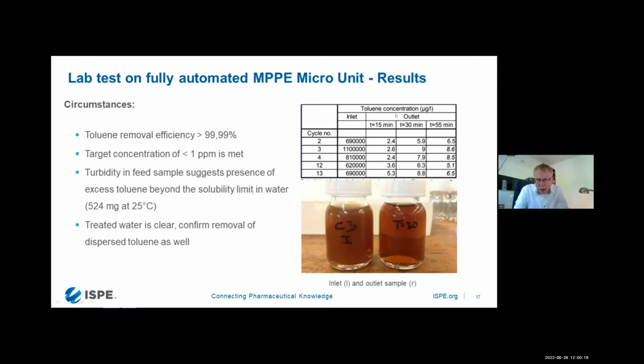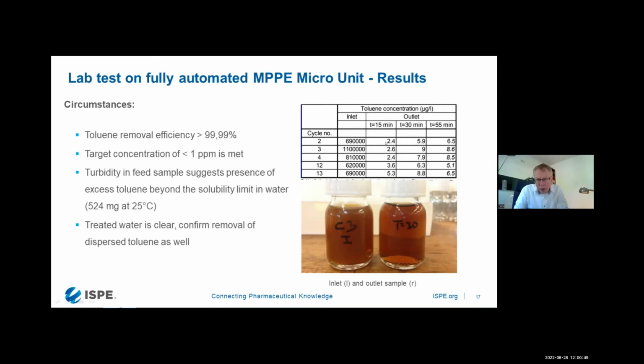If you look at the inlet concentration, you see this variation I mentioned previously, due to the fact that the toluene is not only nicely dissolved in the water, but also forms droplets. You can also see on the picture of the inlet sample that it's turbid, so you cannot easily look through it. That is an indication that small droplets are present.